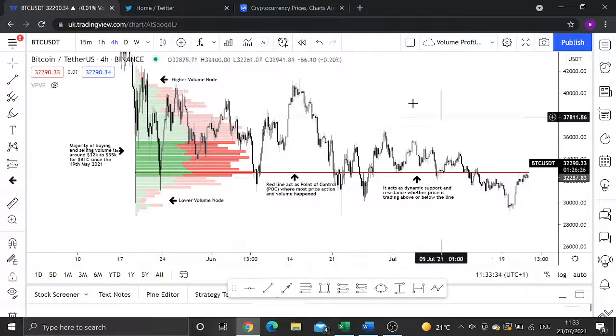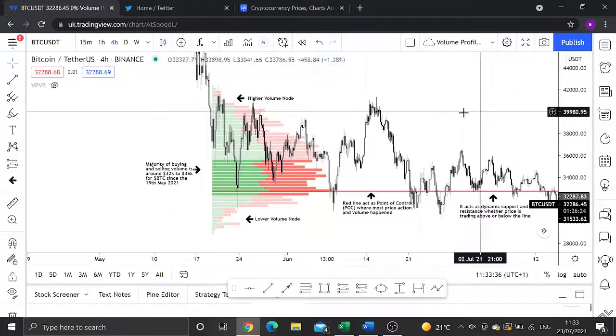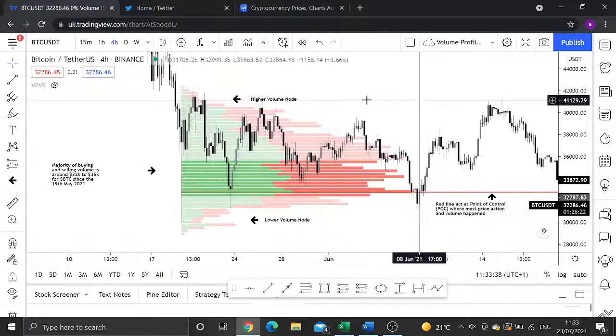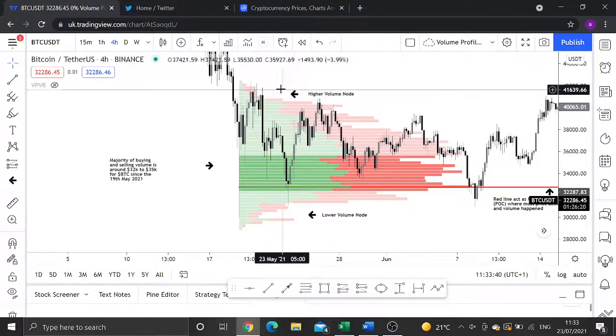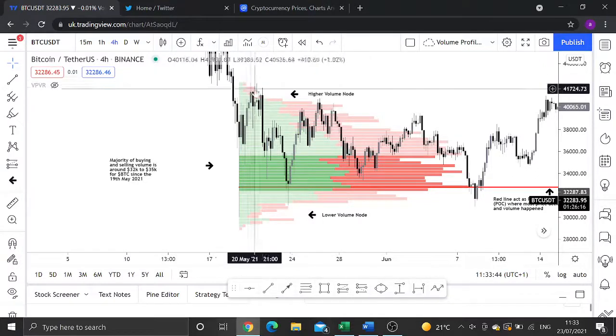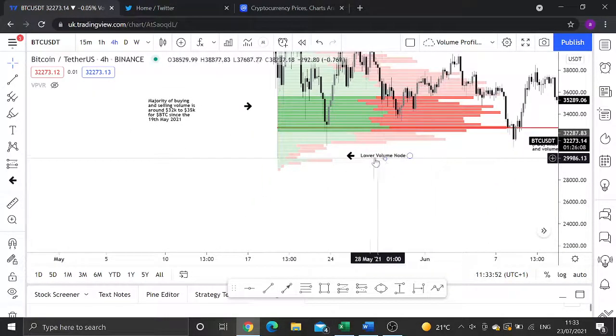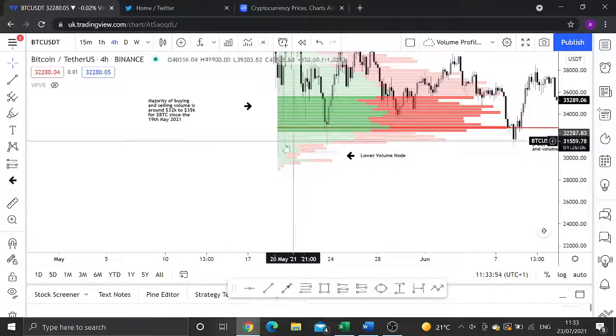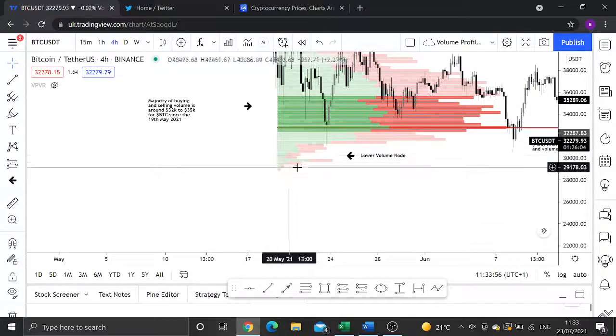And then we have these 2 areas on the left-hand side here. I'll zoom for you. I've highlighted this before. We've got higher volume node, which is the higher area of price action, where the smaller bars here mean there was less buying and selling in this region here. And then you have lower volume nodes in this region as well, where there was smaller buying and selling pressure.